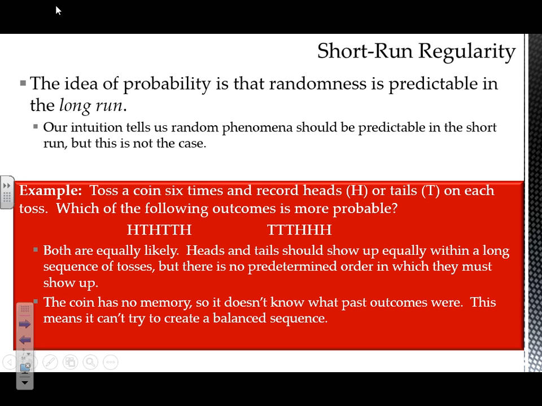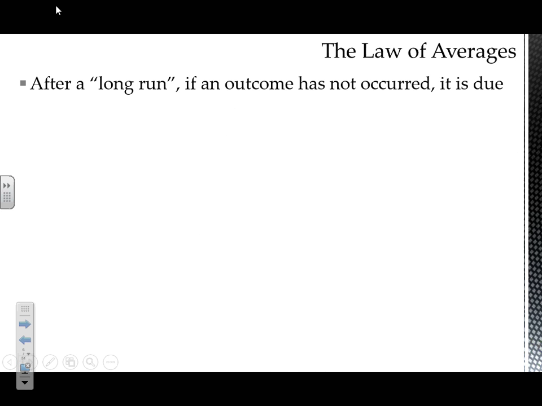Now, same thing. People misunderstand this idea of a long run. When we say in the long run, we should get a 50-50 split on heads or tails, or in the long run, we should have an exact even distribution of numbers when we roll a die. So people assume that after a long run of some certain event, if an outcome hasn't occurred, it's due to happen.